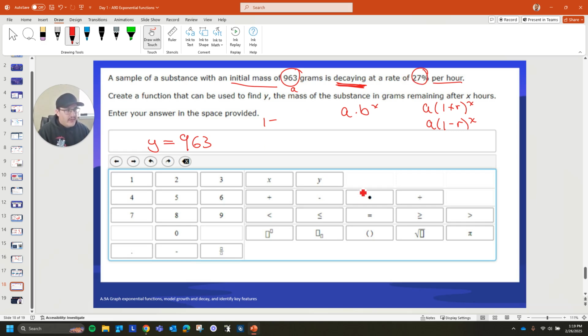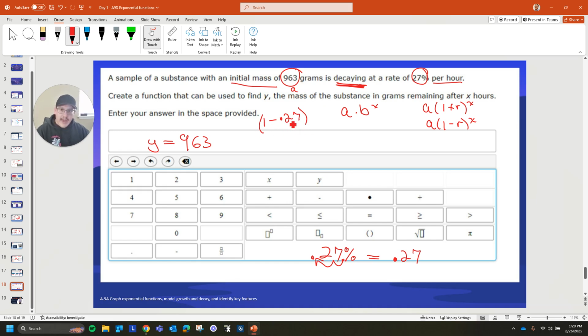So 27% as a decimal: move the decimal point to the left twice or divide by 100, either way. Our decimal version of the percent is 0.27. So in our parentheses we're going to have 1 minus 0.27.